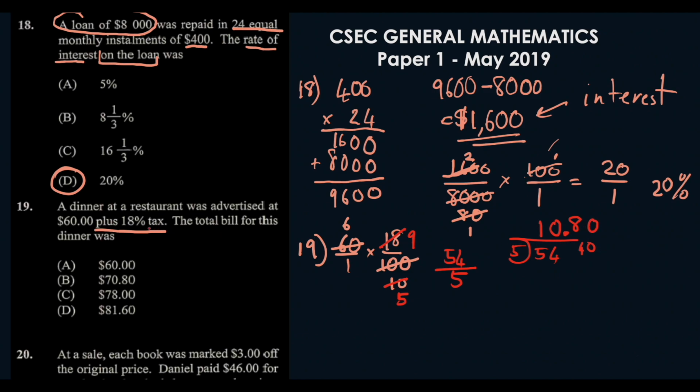We add a 0 for the money factor, so therefore we'll end up with $10.80 in tax. Now, we can add that tax to the $60. So it's going to be 60 plus the 10.80. Now when we add those together, we're going to end up with $70.80. So our answer is B.